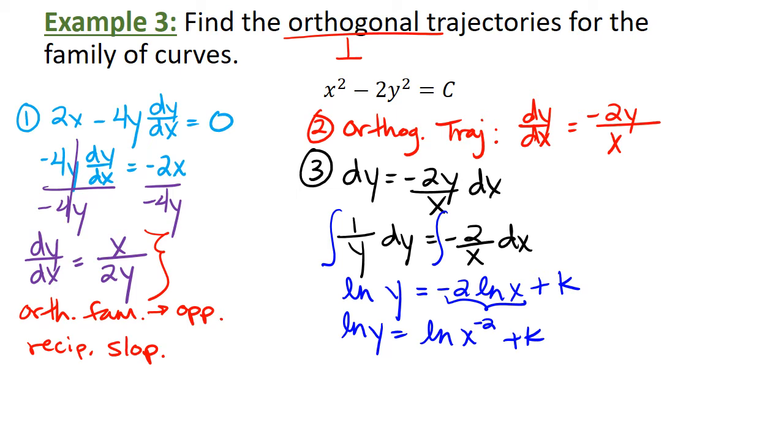So that is a bit helpful. So then if I exponentiate both sides, I end up with y is equal to e to the natural log of x to the negative power of 2 plus k. And I can rewrite this as the following.